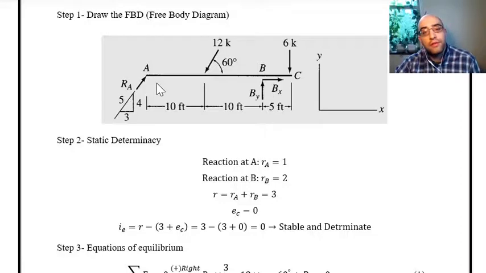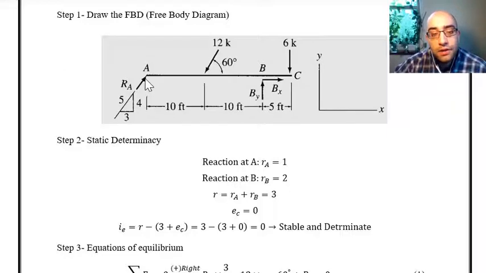So let's see how I can find the moments about point A. Reaction itself does not have any moment about point A because the force is applied exactly on the point. Moment is created whenever we have some distance between the force and the point where we are calculating the moment about.